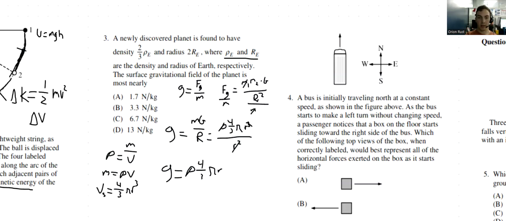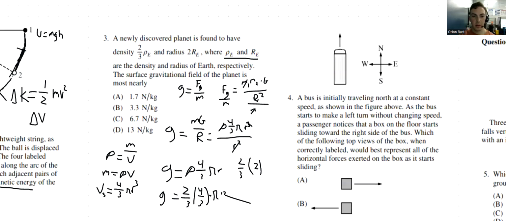Now, we're given 2/3 the density times twice the radius. And so once we plug all of these values in, we get 2/3 times 4/3 times pi times 2.